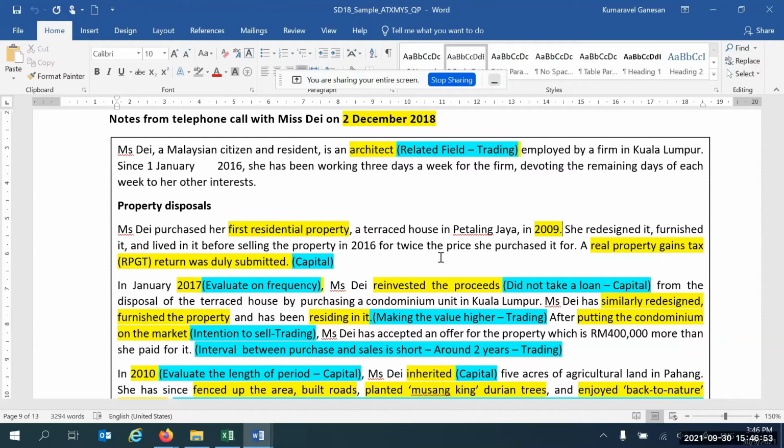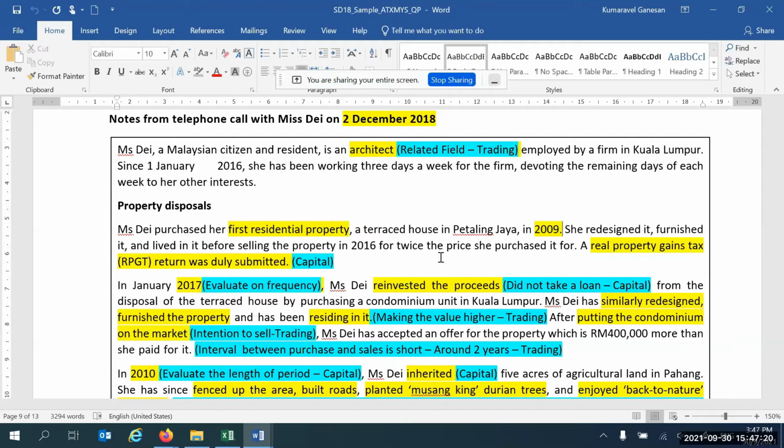Evaluate on frequency depends. If from 2009 to 17 she sold 10 houses, definitely it is trading. So this is easy. Now, next one also easy. Redesign, furnish the property. So you are making its value higher. So it's more towards trading, right? So you see, what's in the textbook is actually not, I mean, for badges of trade it is the practice.